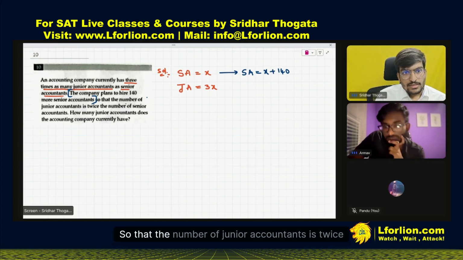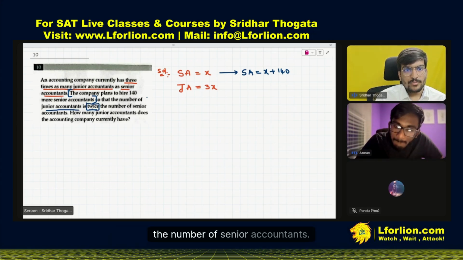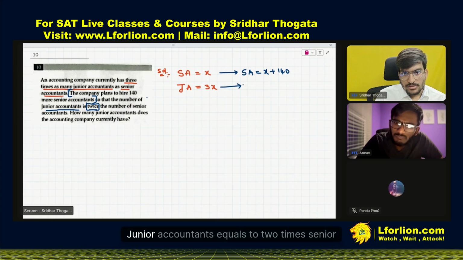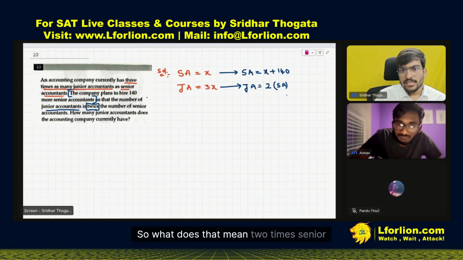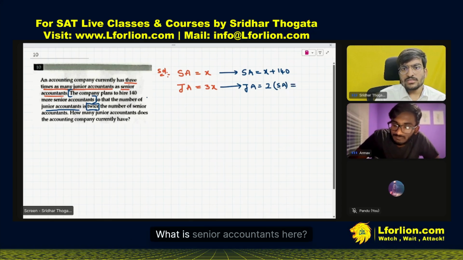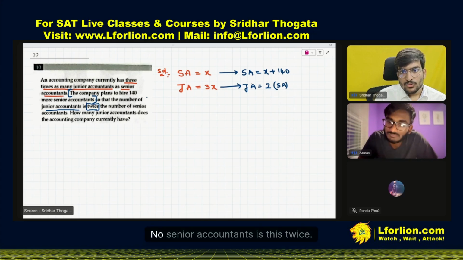So that the number of junior accountants is twice the number of senior accountants. So what happens to this? Junior accountants equals 2 times senior accountants. So what does that mean? What is senior accountants here? Senior accountants is this. Twice.